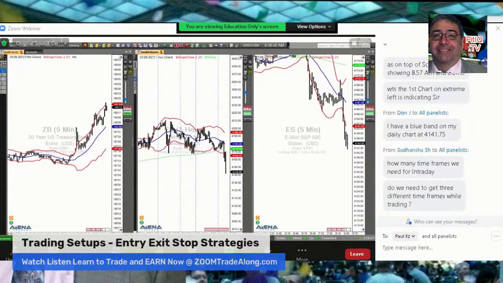So hourly in the middle and the 5 minute on the right and the bond chart to help us maybe sometimes with trading. No, you don't need three different time charts. I said you can probably make do with one. You can probably make do with the 5 minute. You have to find the one that suits you well for trading, whatever you're learning how to trade.